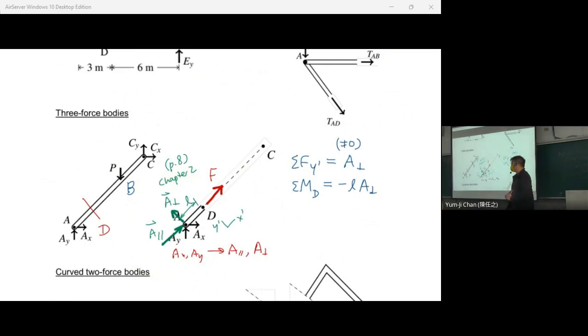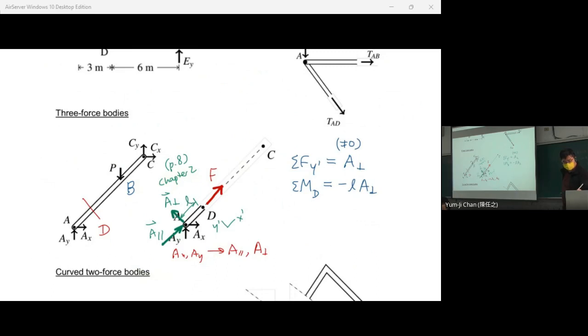So what should we do? For free force bodies or a curve, for two force bodies that are not straight, we need to add something.